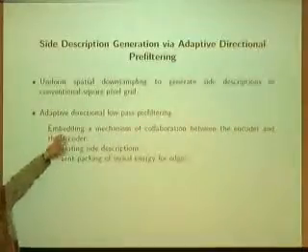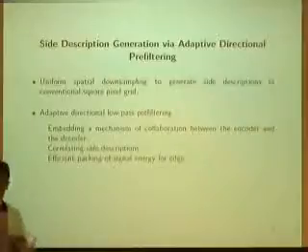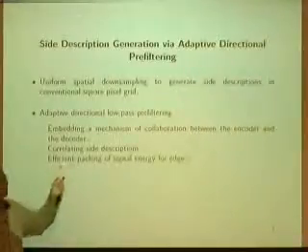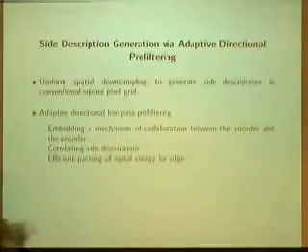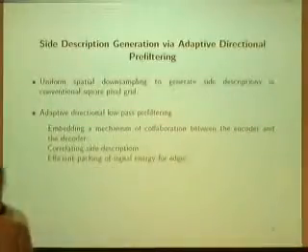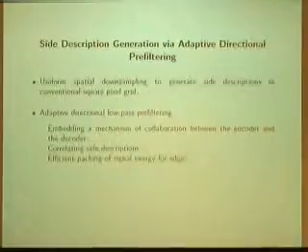This filtering operation will also build some correlation between the side descriptions. And because it's directional prefiltering, we preserve signal energy better in the presence of edges, which is, by the way, very important for visual quality.